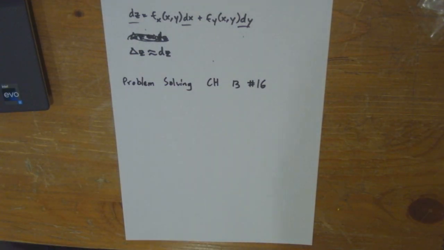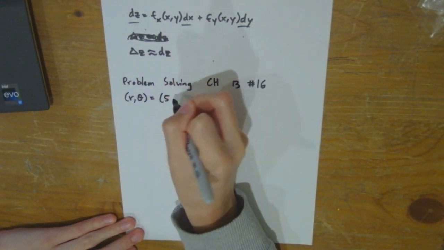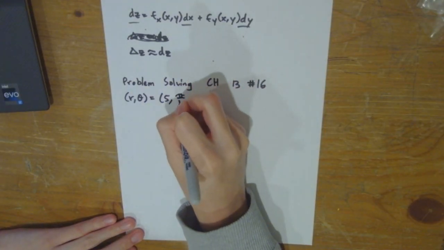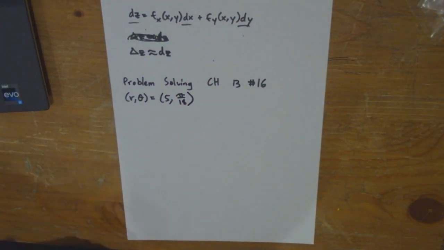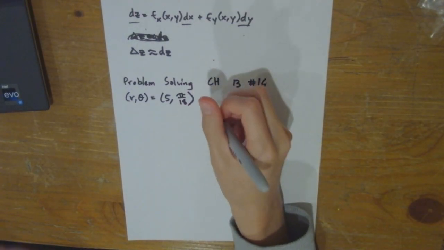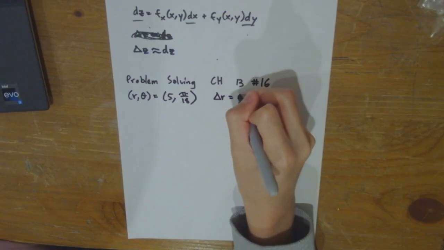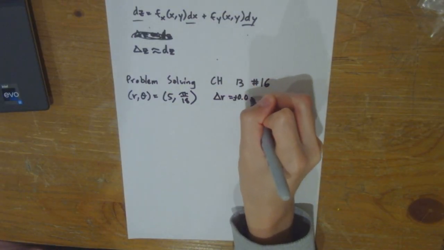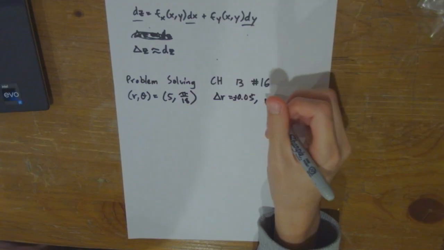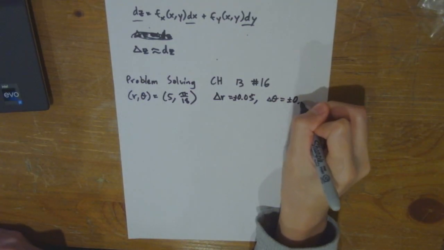So let's say we have a point in polar coordinates, (r, theta) equals (5, pi over 18). However, they say that when measuring the dimensions of this point, we might have a maximum error in r of plus or minus 0.05, and a maximum error in theta also of plus or minus 0.05.